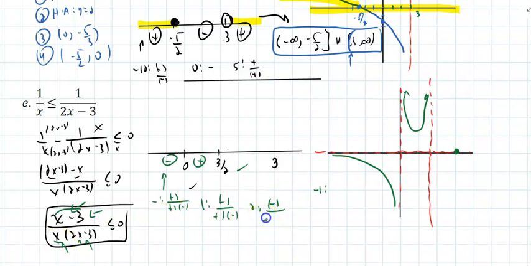A 2 there, that's positive. And 2 times 2, 4 minus 3 is positive. That's a negative. And a point to the right of 3, say 5. 5 minus 3 is positive. 5 is positive, and 5 in the place of the 2, 10 minus 3 is 7. That's positive.